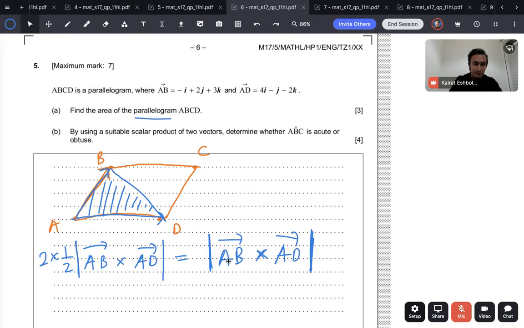Okay, so now we need to do AB cross AD, right? We need to find out what that is. To do that, we need to put AB in this way. So minus i plus 2j plus 3k. What are the numbers there? Minus 1, 2, and 3, right?